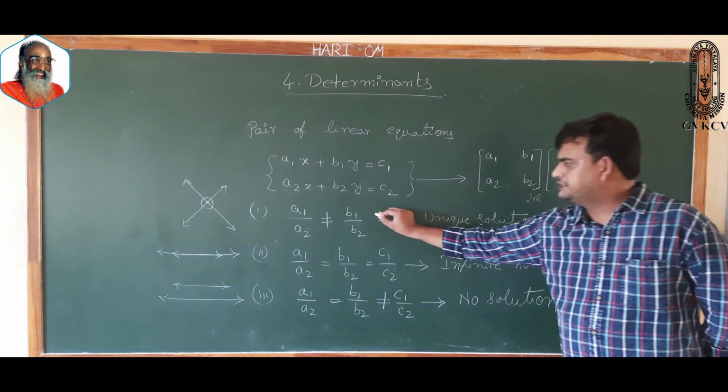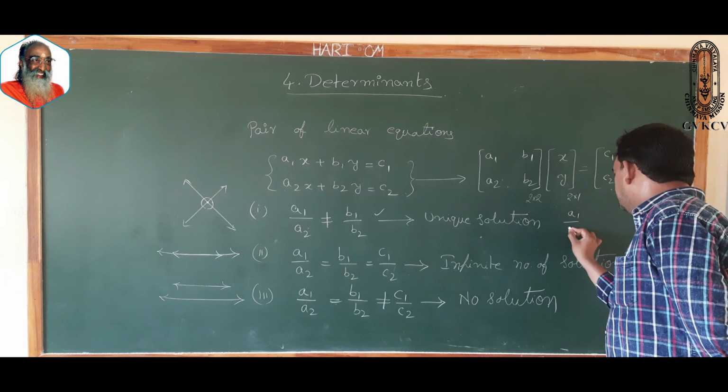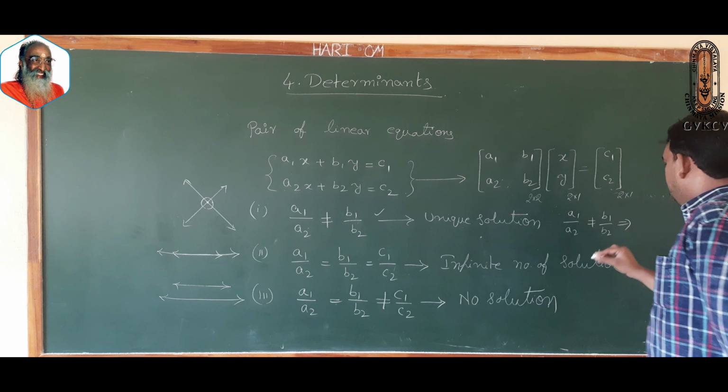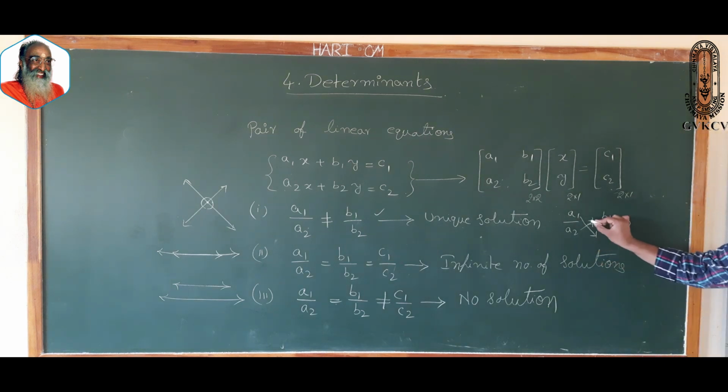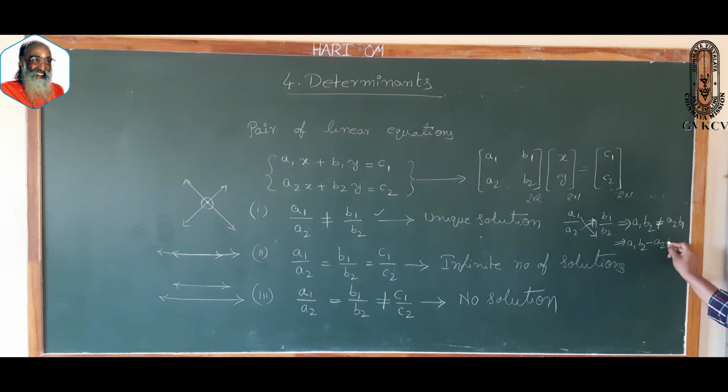As I gave the condition, a unique solution means a1 by a2 is not equal to b1 by b2. When we go for cross multiplication, a1 into b2 is not equal to a2 into b1, which gives us a1 b2 minus a2 b1 is not equal to 0.